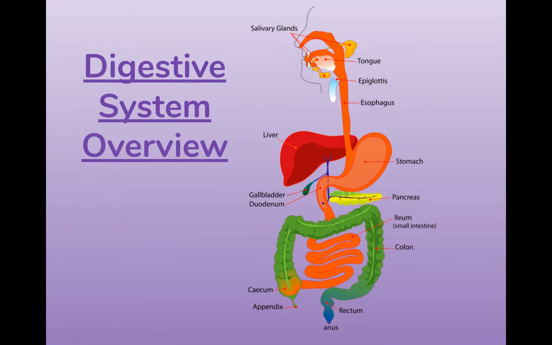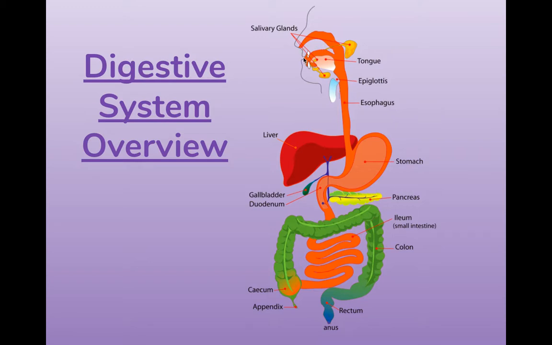You see here a picture, and all the things in color represent features of the digestive system. You can sort of see the outline or profile of someone's face, their eyes and nose and mouth. Starting at the top, this is the nose, so this orange represents the nasal cavity.